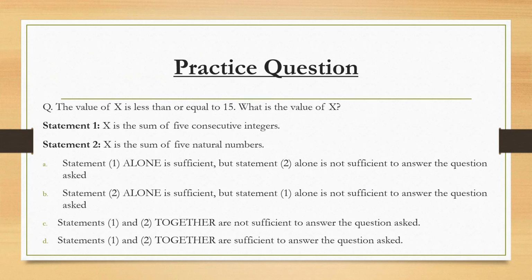Okay, now statement 1 is given, statement 2 is given. Statement 1 says x is the sum of 5 consecutive integers. Statement 2 says x is the sum of 5 natural numbers. Okay, so now based on it, try solving.